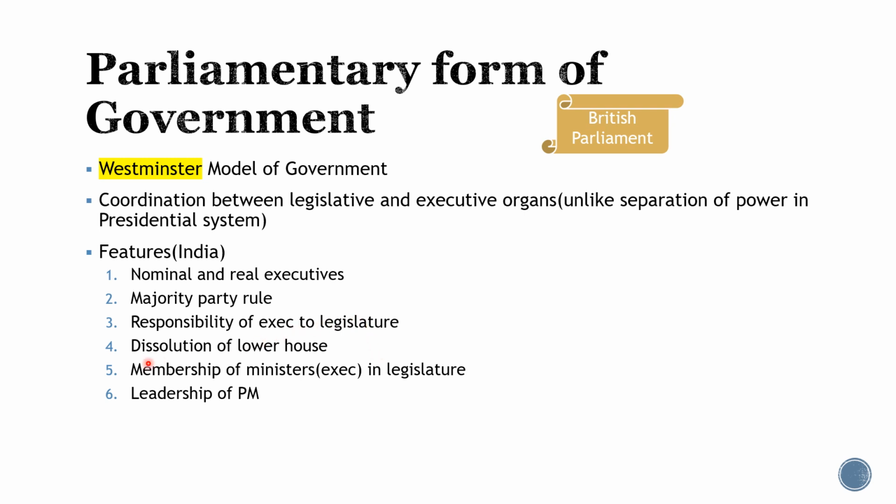And the membership of ministers in the legislature. Basically, your prime minister is also part of the legislative organ, right? So your executives are also part of the legislative organs. That is another feature of the parliamentary form of government, and then leadership of the prime minister. That is also a feature of the parliamentary form of government.